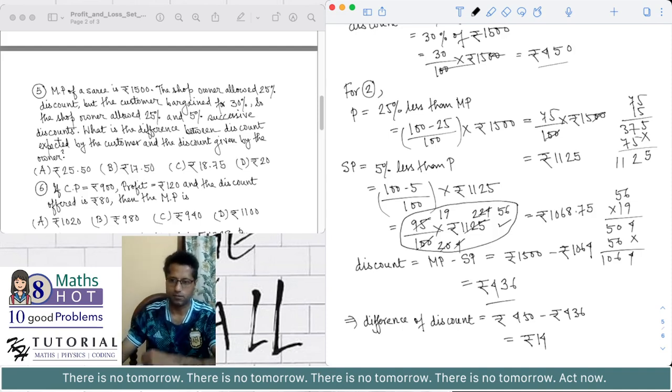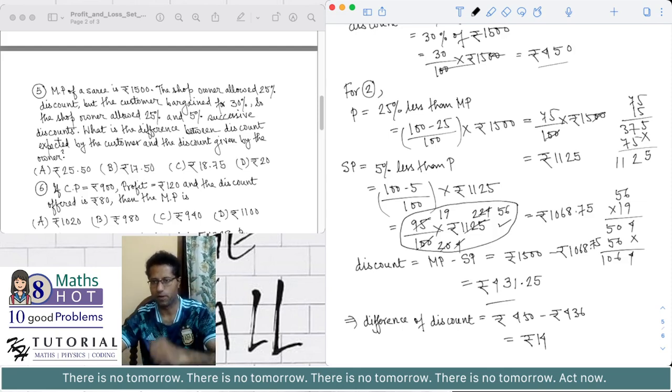Okay, so we have this. Now the discount will be 1500 minus 1068.75, and this is equal to 431.25.